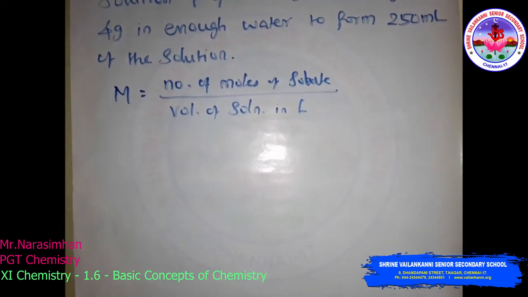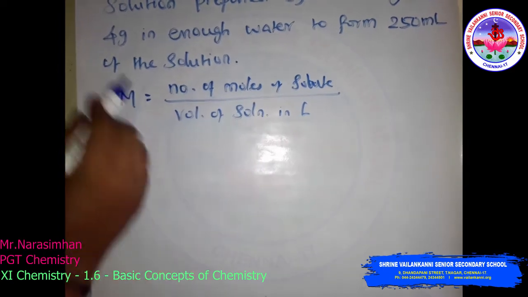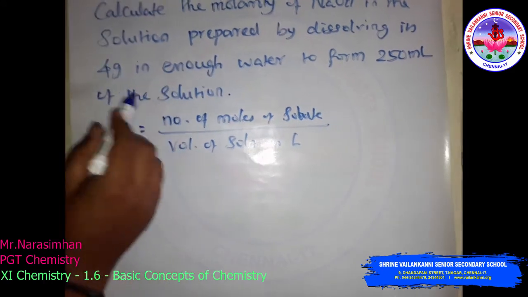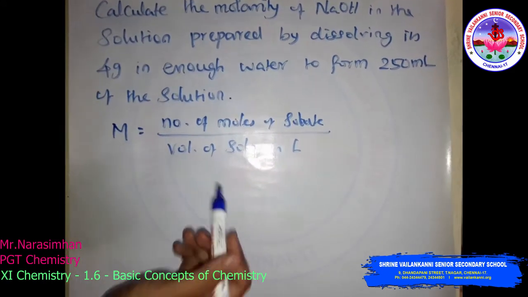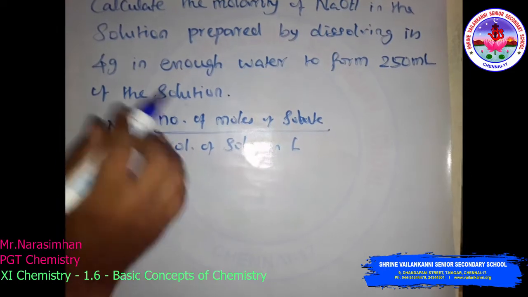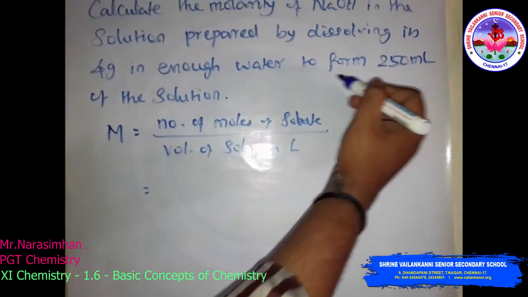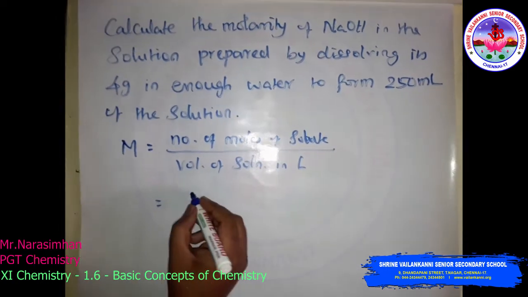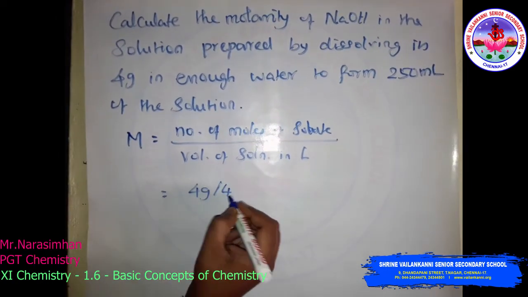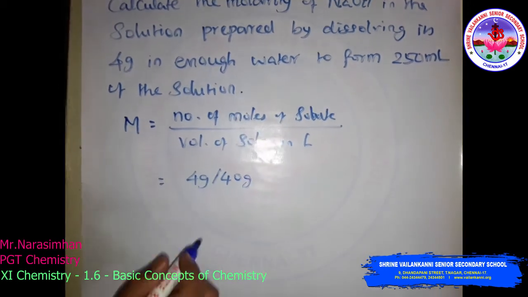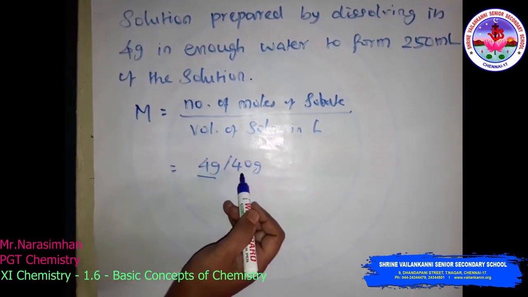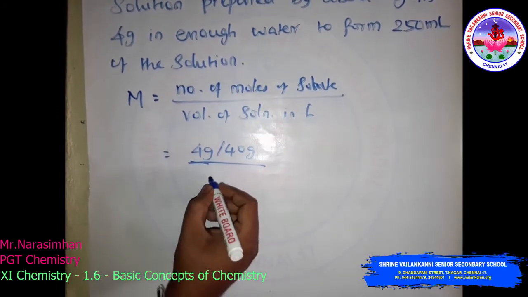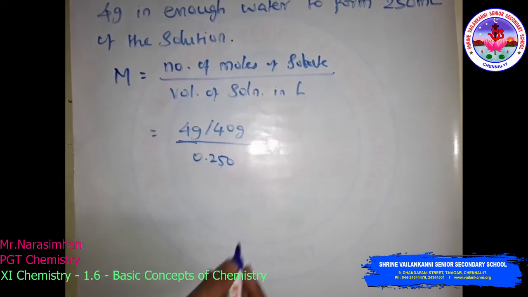So here the number of moles of solute is what? The solute is here the NaOH. So 4 gram. Then the molar mass of NaOH is 40. So in enough water to form 250 ml of the solution, that is 4 gram divided by 40 gram, the mass of NaOH over the molar mass of NaOH, divided by 0.250 liter.